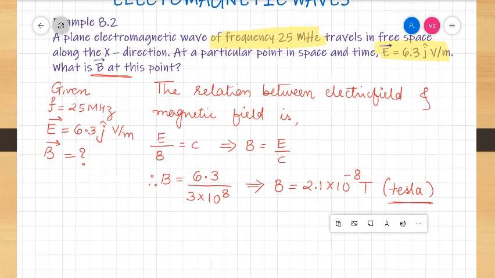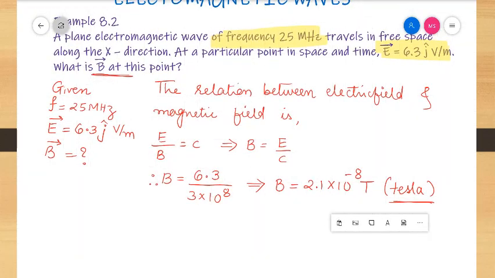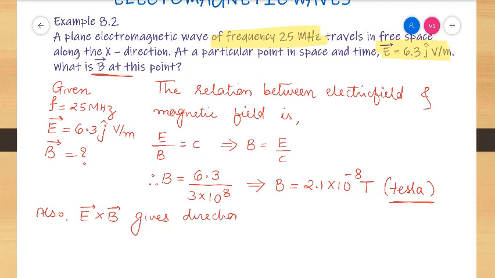So in electromagnetic wave we have seen that vector E cross vector B gives direction of propagation of EM wave.